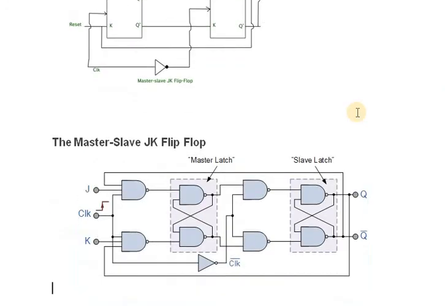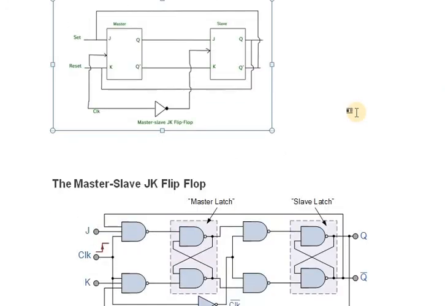So if the clock pulse here is 1, and you connect the inverter, 1 will become 0, so the clock pulse for the slave will be 0 here. If here it is 0, the input will be 1 here, because we are using the inverter here. If you give the input as 0, the output will be 1. If you give the input as 1, the output will be 0 here.